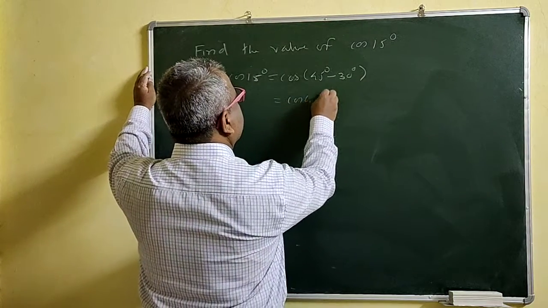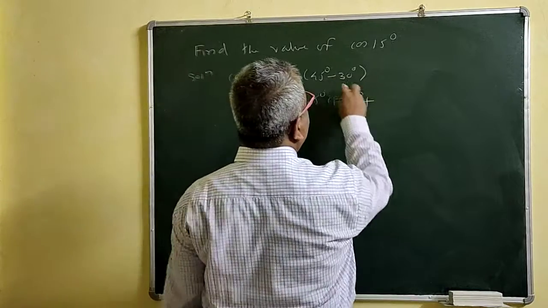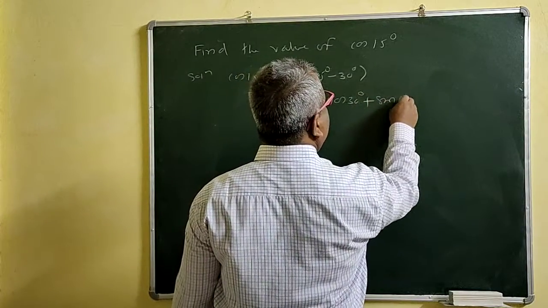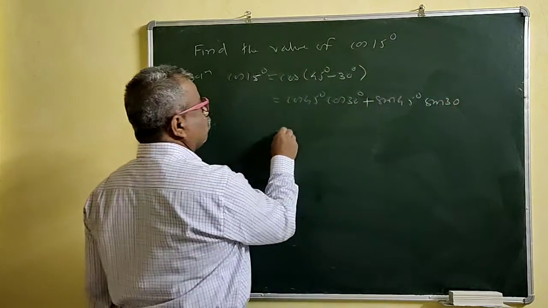Cos of 45 degree, cos of 30 degree, plus sin of 45 degree, sin of 30 degree, right? So you should know the values.